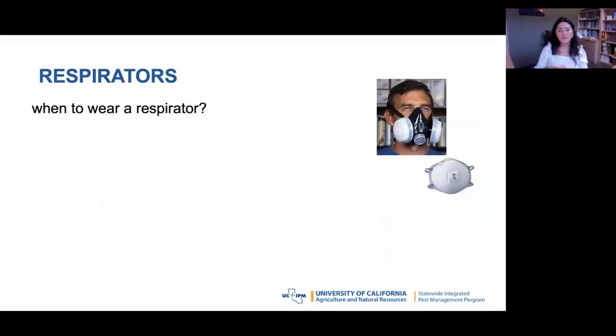And so respirators are going to depend on the situation of the application. If a person is required to wear a respirator, it's typically going to be listed on the label.